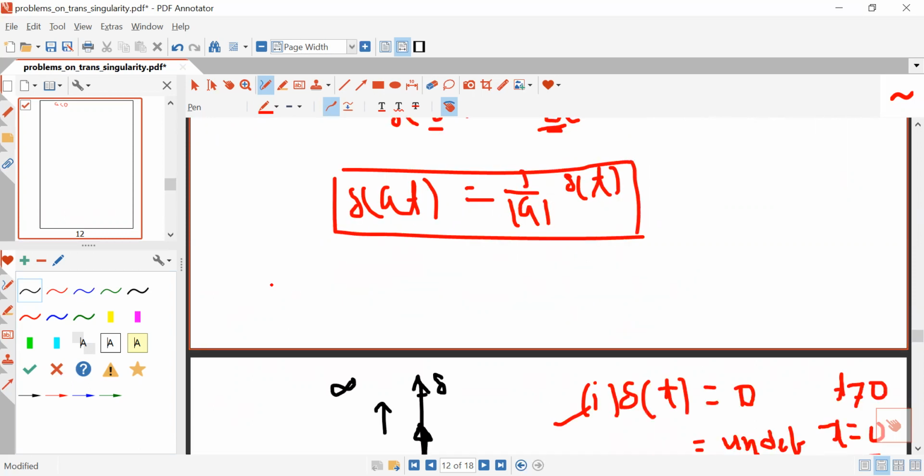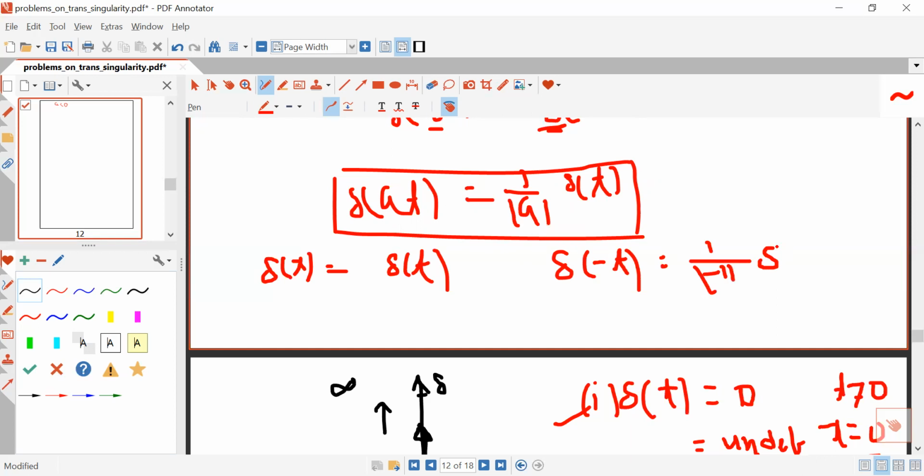For example, I am asking you, what is the value of delta t? Here a is 1, so it will be 1 by mod of 1. So 1 by 1 it will be 1. So you will get equal to delta t. And if I ask you, what is the value of delta minus t? Here a is minus 1. So 1 by mod of minus 1.